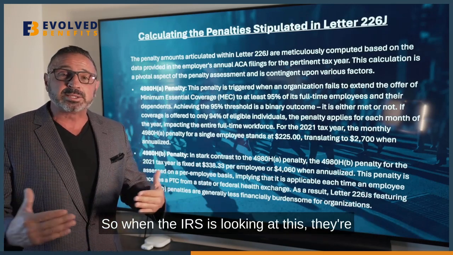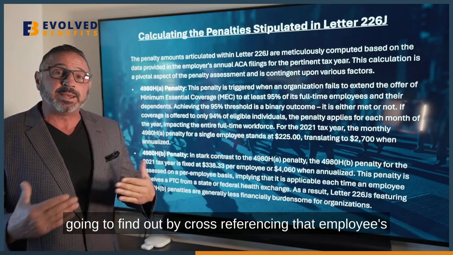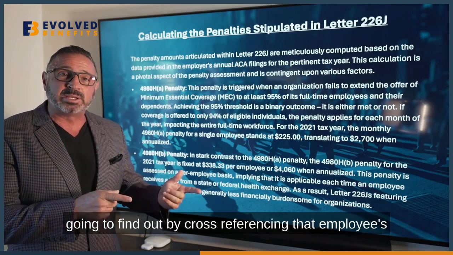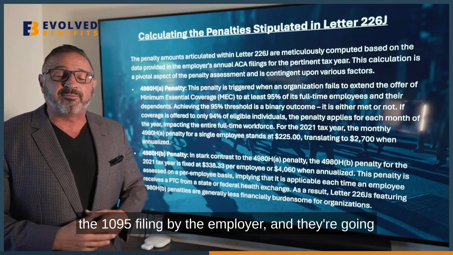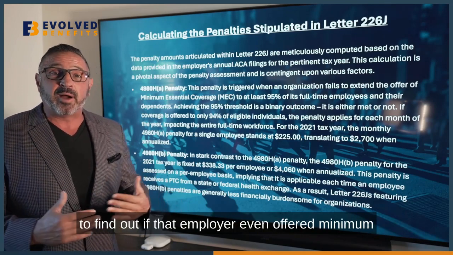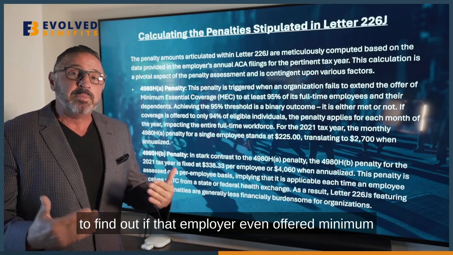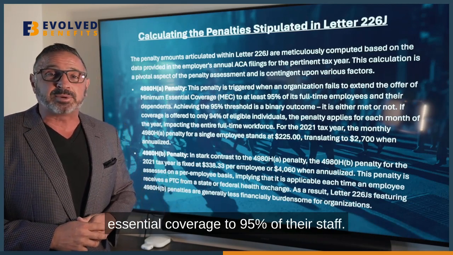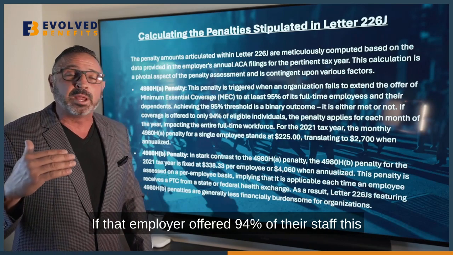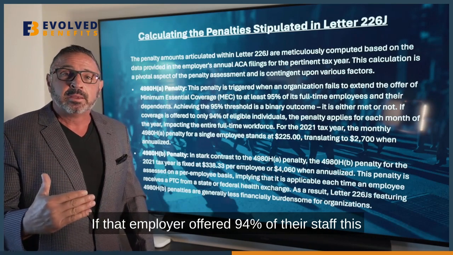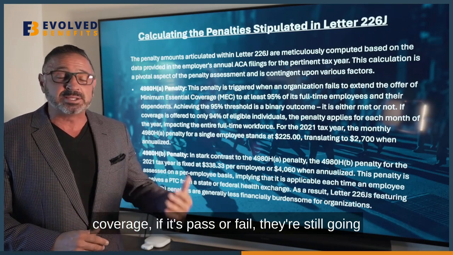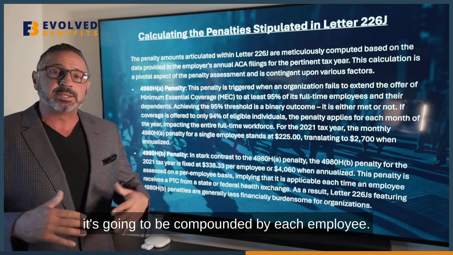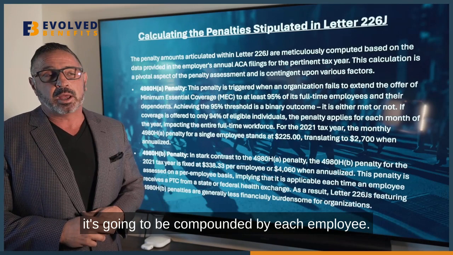So when the IRS is looking at this, they're going to find out by cross-referencing that employee's premium tax credit, cross-referencing the data provided in the 1095 filing by the employer, and they're going to find out if that employer had even offered minimum essential coverage to 95% of their staff. If that employer offered 94% of their staff this coverage, it's pass or fail. They're still going to be on the hook for that penalty, and it's going to be compounded by each employee.